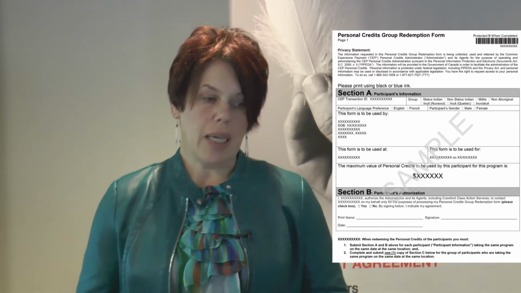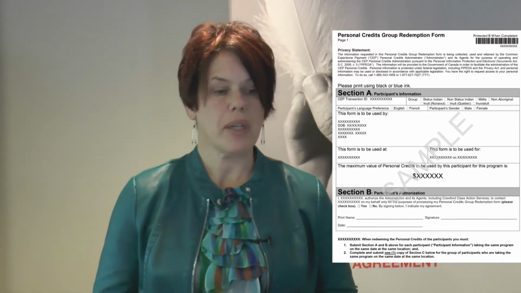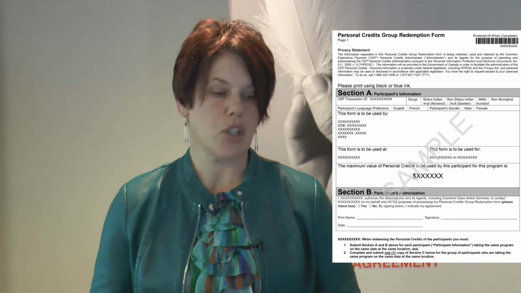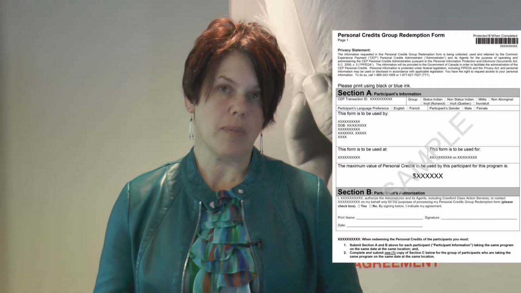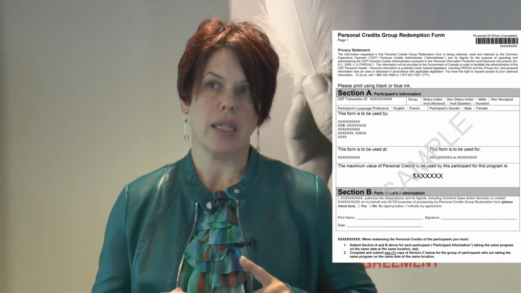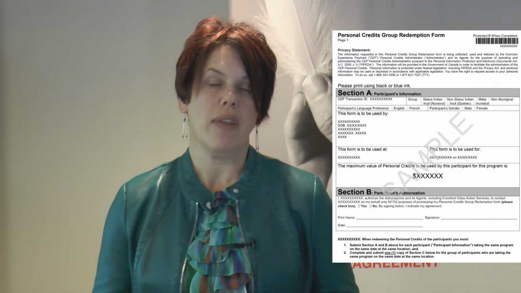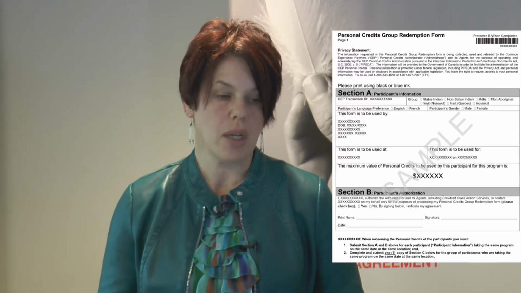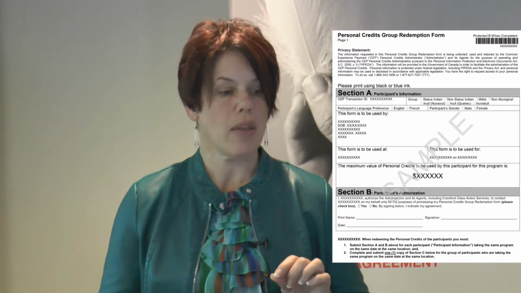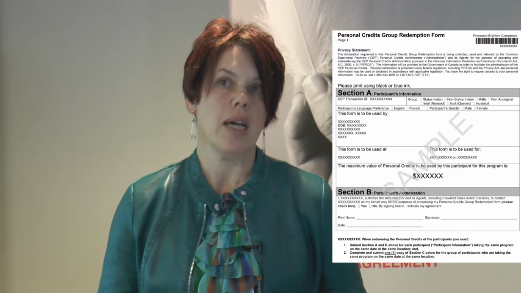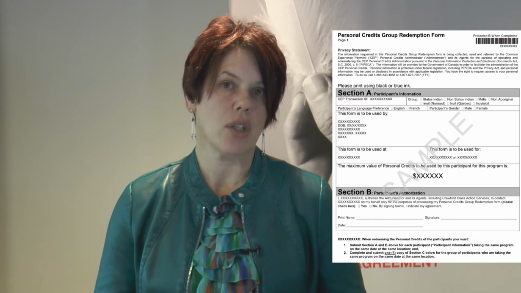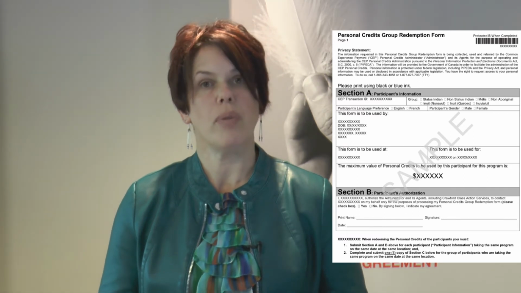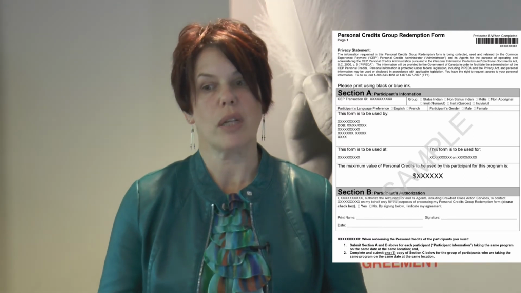In section B, the participant has to fill out the authorization. And so this basically identifies that they agree to either share or not share their information. So it's really important to check the box on section B. Yes, I agree to share my information to process this form, or B, I do not agree to share this information.